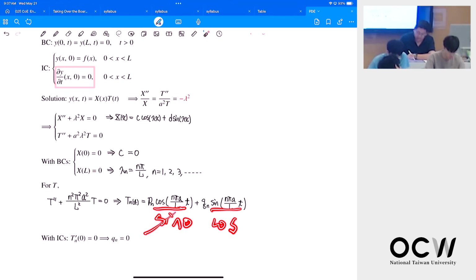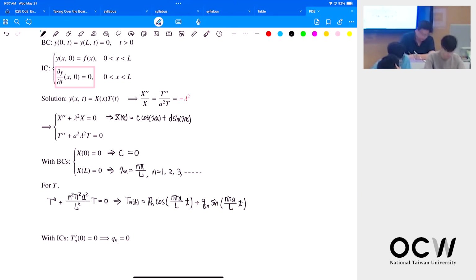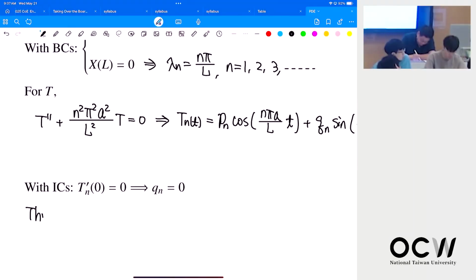Sine 0 is 0, and cosine 0 is 1. So I have to have Qn equals 0. That means my t is Pn cosine n pi a over L t.